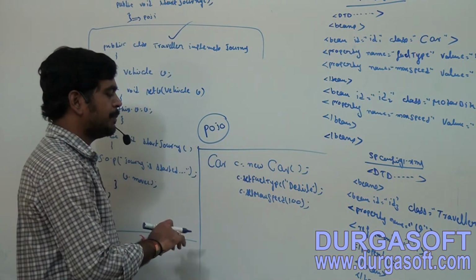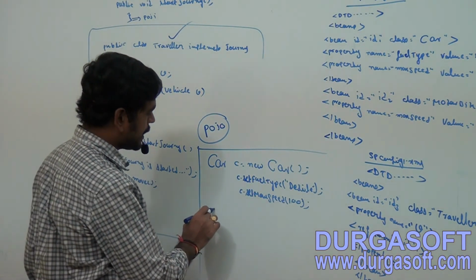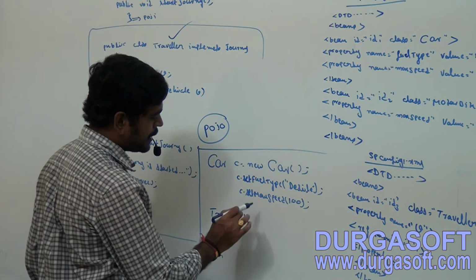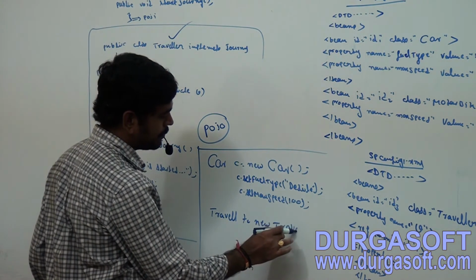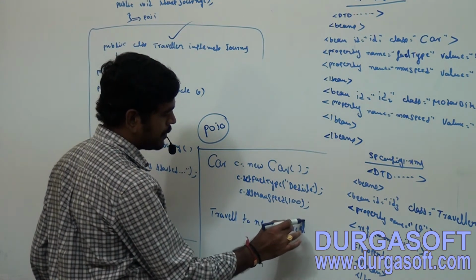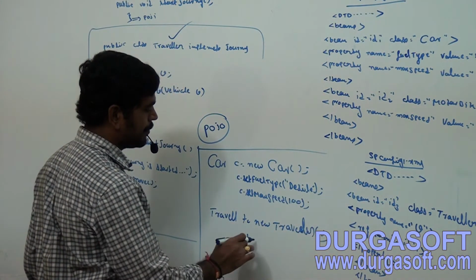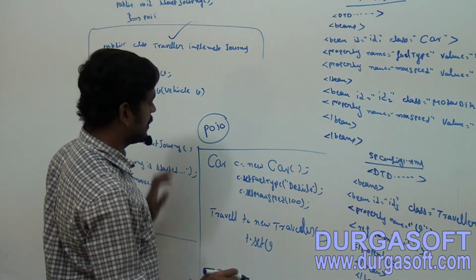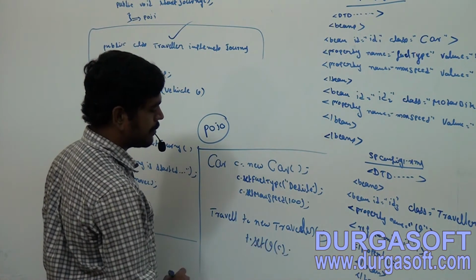Then next, what is happening? The Traveler class object is going to be created. Traveler T is equal to new Traveler. The next, T dot setV. Then what is it passing? C is passing.